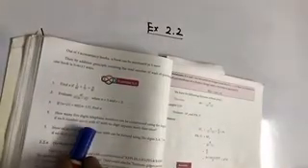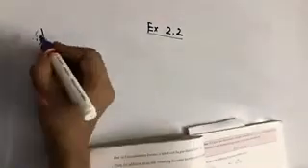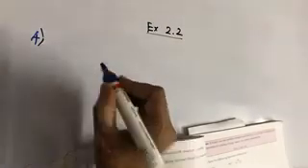How many 5 digit telephone numbers can be constructed using the digits 0 to 9 if each number starts with 67, with no digits appearing more than once? Okay, 5 digit numbers.